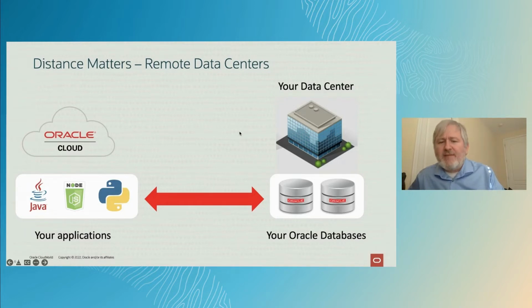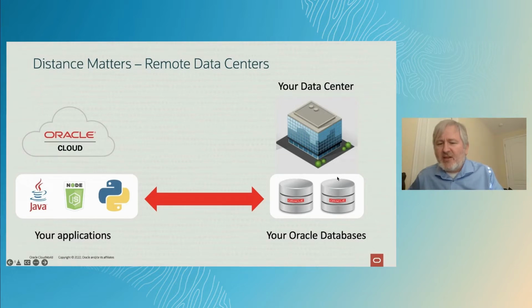If you have a hybrid cloud configuration, and what I mean by that is some of your resources are in your data center and some of your resources are in the cloud, the fact that it's highly likely that your data center will not be in the same city as the closest cloud data center is going to have an impact on performance.